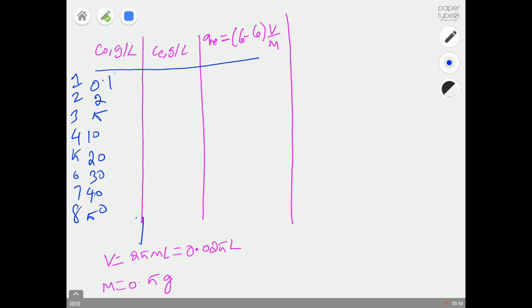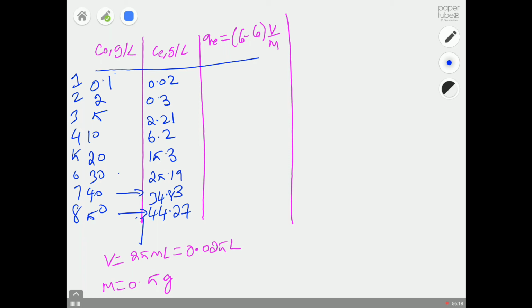Just assume we got some values: 0.02, then in the second vial the final concentration is 0.3, 2.21, 6.2, 15.3, 25.19, 34.83, 44.27. So these are the values we got.